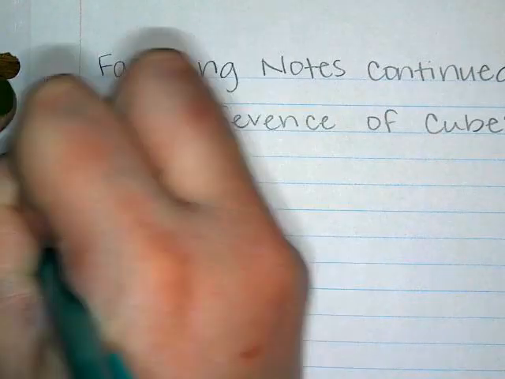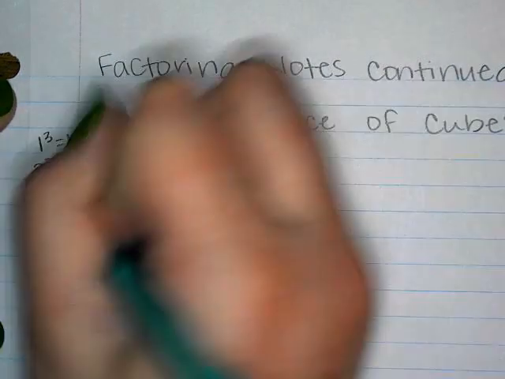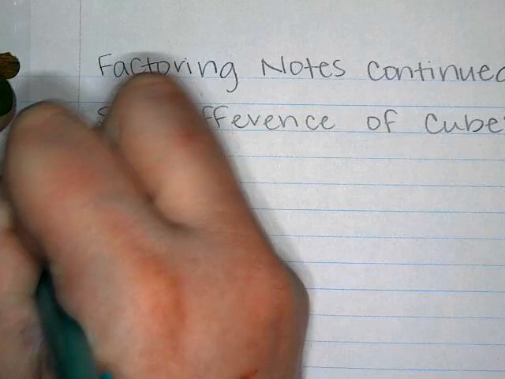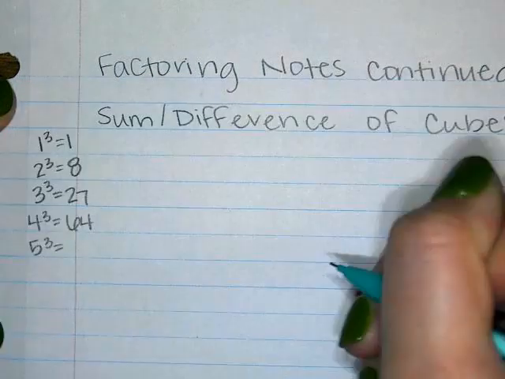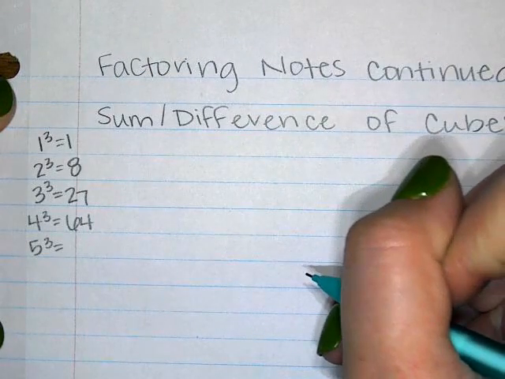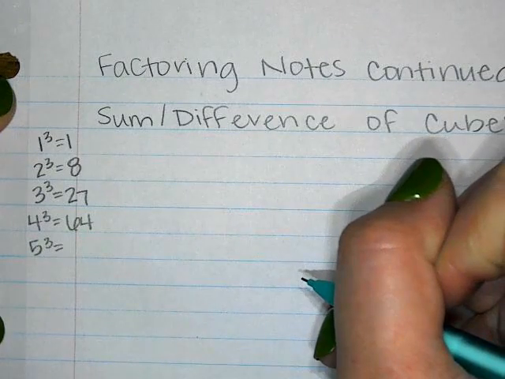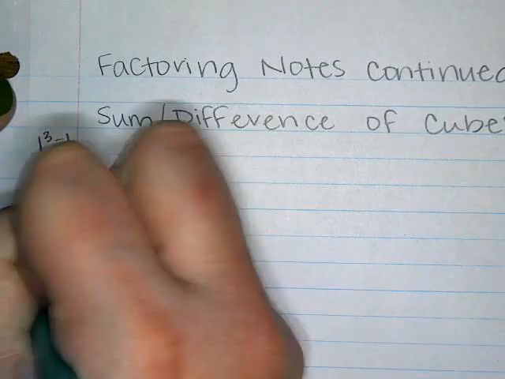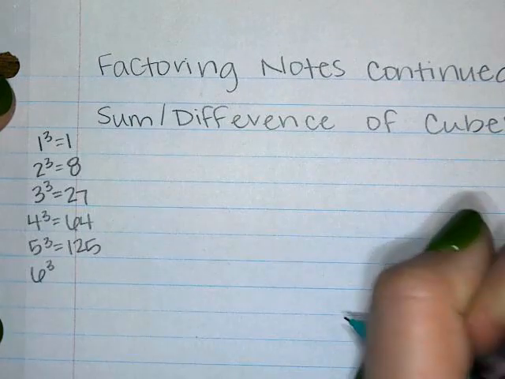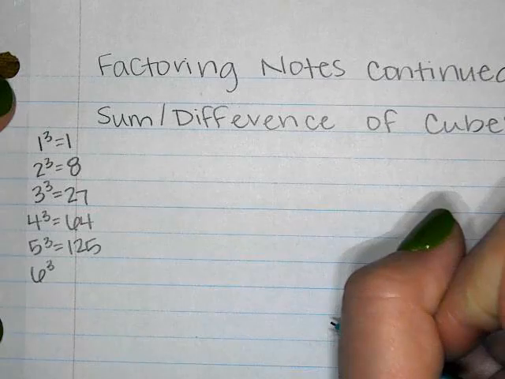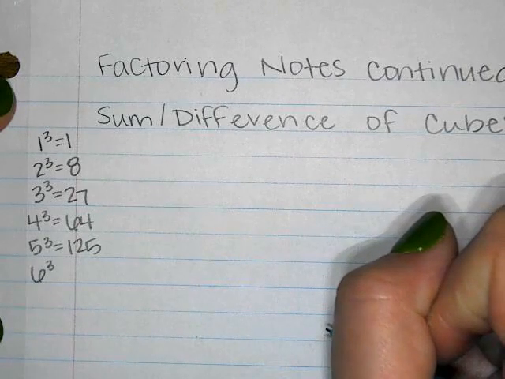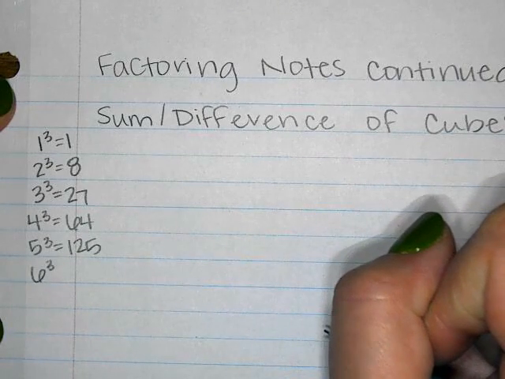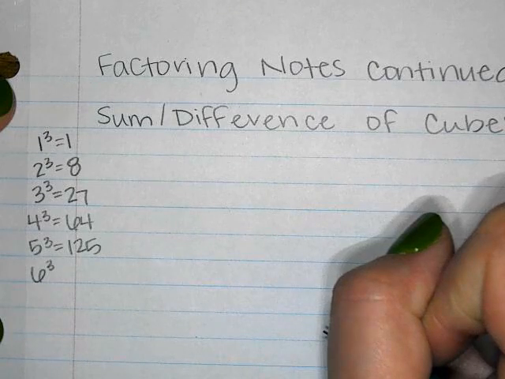27. 4 to the third is 64. 5 to the third is 125. 6 to the third, you can use a calculator.